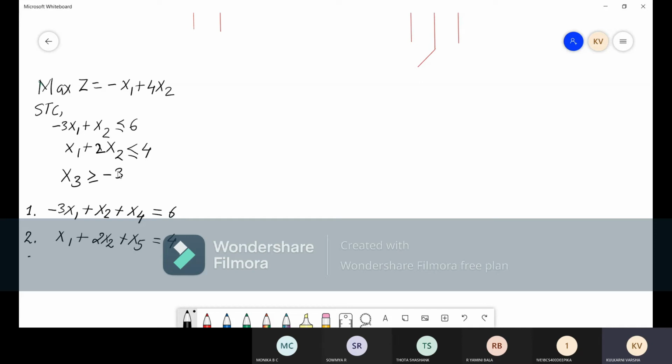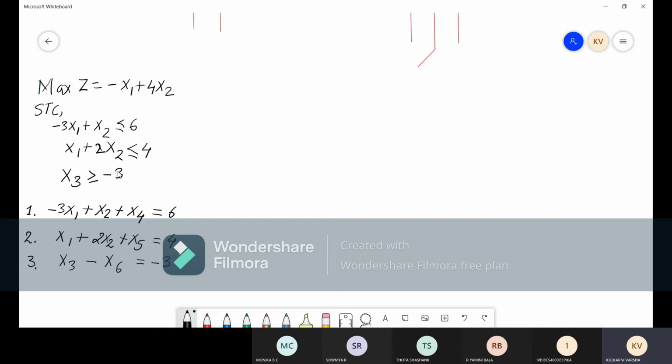Now going to the third constraint, x3 is greater than minus 3. Here it's a greater than symbol, so we need to subtract the surplus variable. So x3 minus x6 is equal to minus 3.